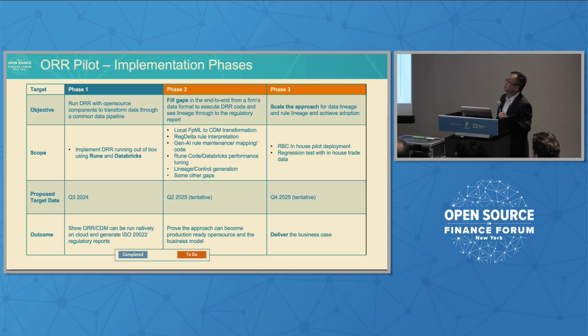The first is Rune. Rune is the open source product derived from Rosetta and developed by one of the companies called Regnosis. Similar to Rosetta, Rune has 2 different components. The first is a code generator.